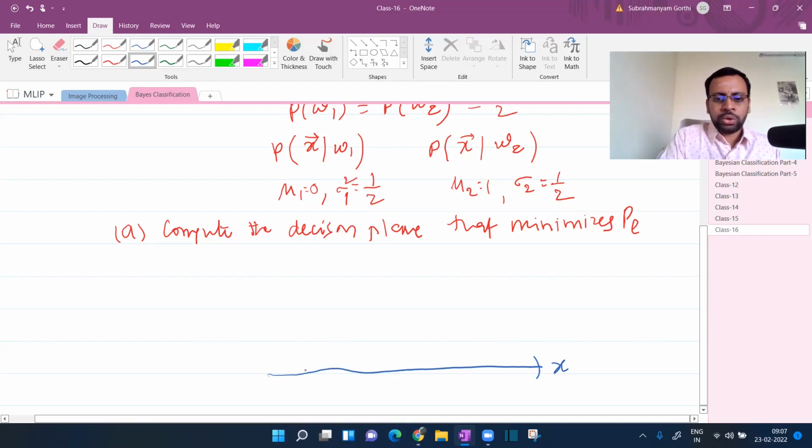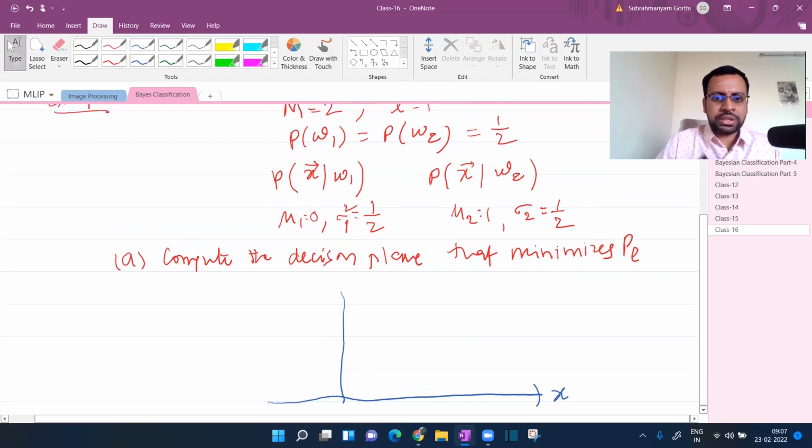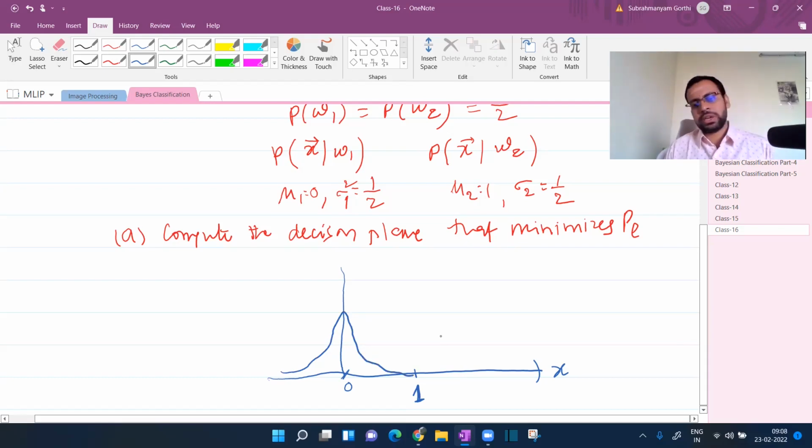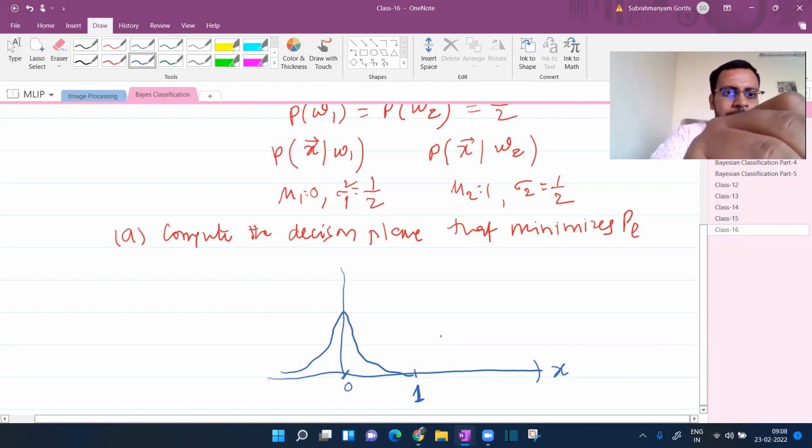Now let this be 0 at x equal to 0. The initial likelihood function is centered at 0, with variance 1 by 2. Another one is at the second mean, at 1, so somewhere here. A variance of half is there for both of them, so maybe something like this. I'm not plotting it exactly, but that's okay.